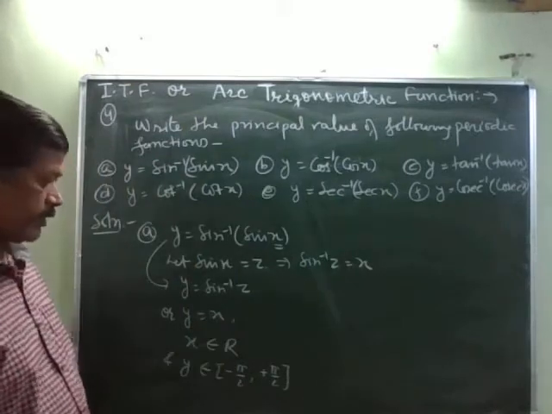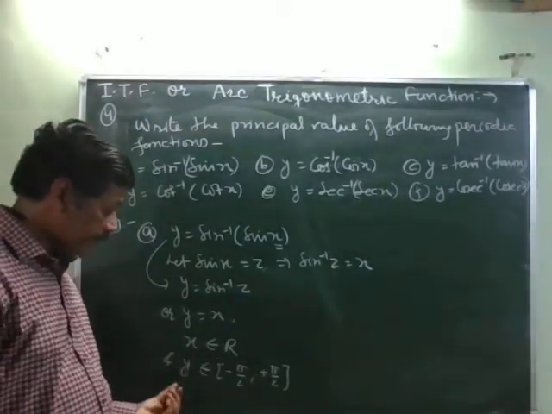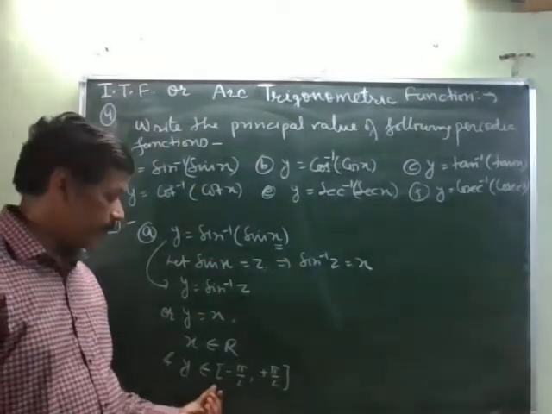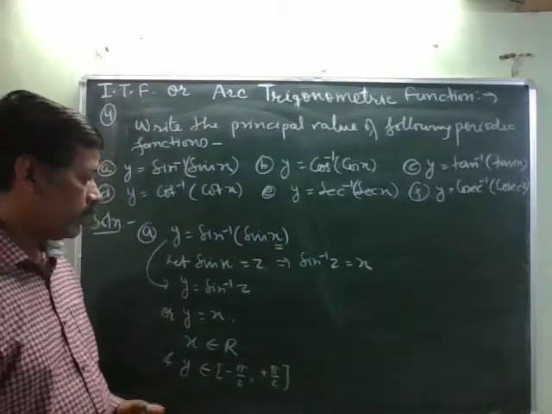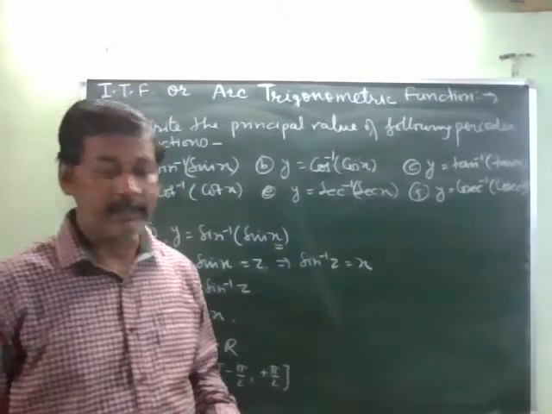This is the difference. Its domain belongs to R and its range lies in the closed interval minus pi by 2 to plus pi by 2. It is a periodic function, a repetitive function.